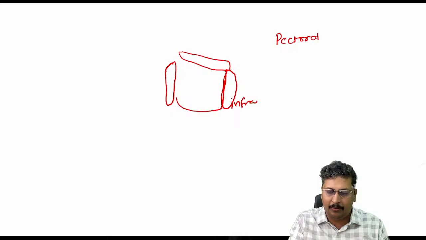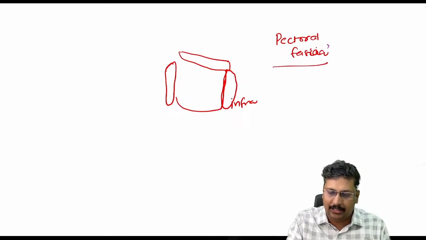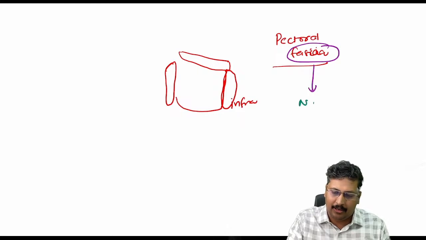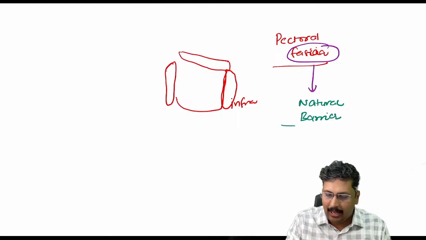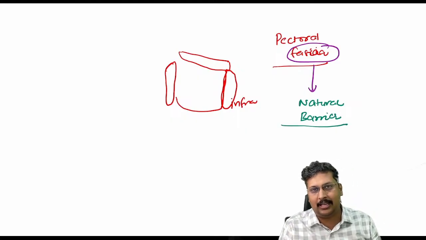Why do we have to include pectoral fascia? In oncology, we have to remember an important fact that any fascia acts as a natural barrier against dissemination of these cancer cells.